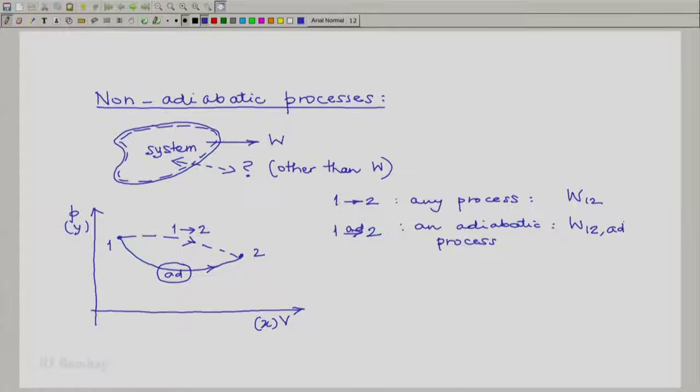Because one is an adiabatic process and another is a non-adiabatic process, we can say that in general the two work interactions will not be equal. Now this inequality, or not necessarily an equality, allows us to define the heat interaction, which we will now do.